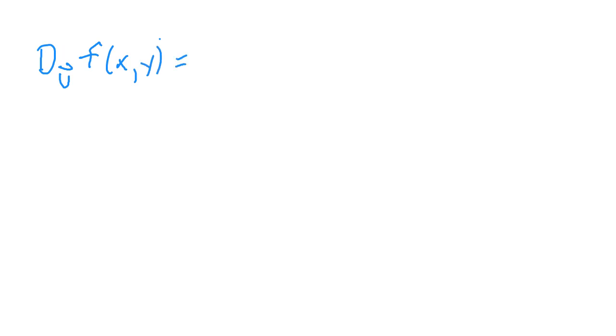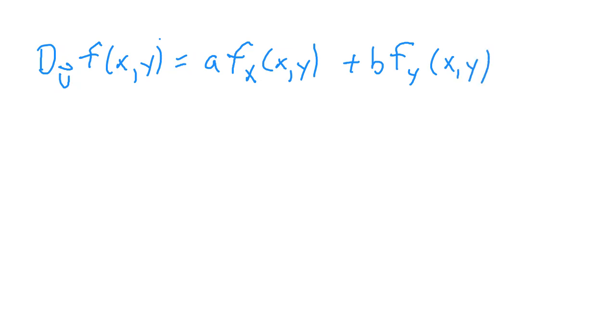Here's the formula for the directional derivative. They prove it in the book, but it equals A times the partial derivative of f with respect to x plus B times the partial derivative of f with respect to y.